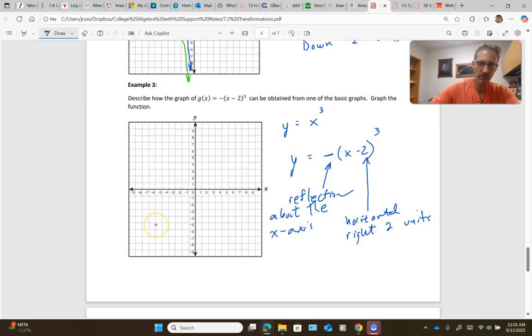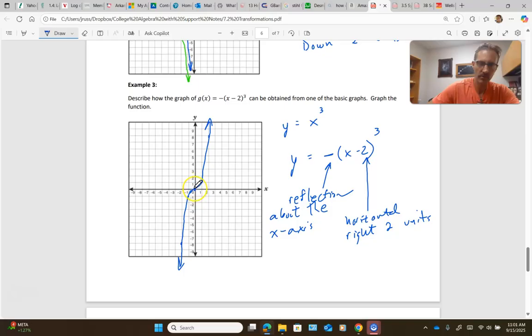So I'm just going to kind of roughly sketch in here the graph of x cubed. I remember some of the points, having graphed these using the table method. So something like this. Okay. Well, what would happen if I take this graph of the basic cubic function and I shift it to the right 2 units and then I flip it upside down?